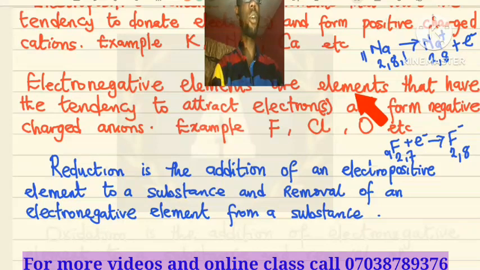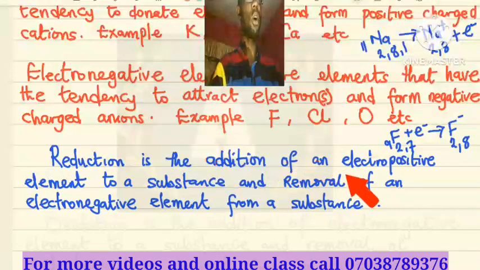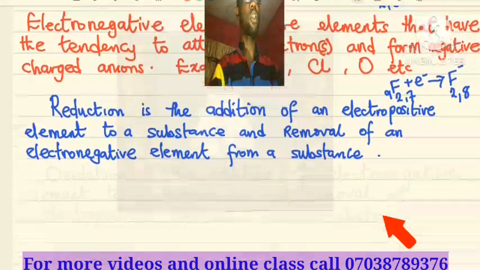So that is reduction: addition of electropositive element to a substance and removal of an electronegative element from a substance.